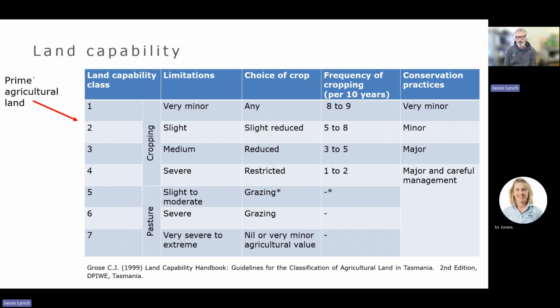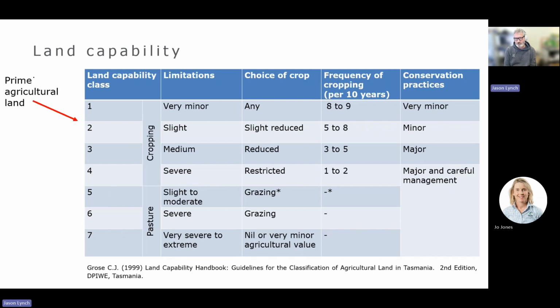And then we've got Class 4. So Classes 1, 2, 3, and 4 are identified as being suitable for cropping as well as grazing use. And we can see the limitations range from very minor in Class 1 through to severe limitations in Class 4.